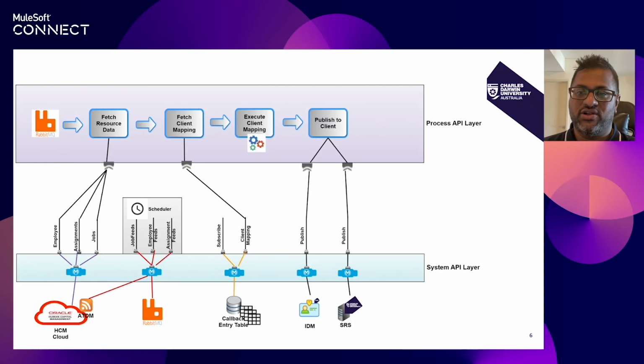Parallelly, we also had to design a database table structure for storing the list of subscribers for HCM data, their filter condition, and any subscriber specific transformation script. Now, we also needed to ensure that while designing these tables, the table structure should be common, reusable, and most importantly, any interactions happening with the table are API enabled.